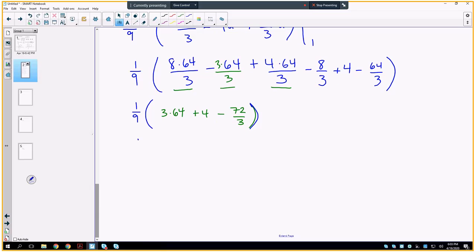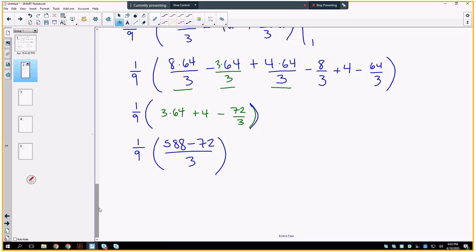So that's 1/9. 3 times 64, 192, plus 4, 196. And if I wanted to get it over the common denominator of 3, that should be 588, I believe, minus 72 all over 3.